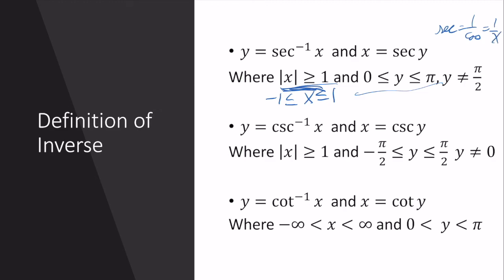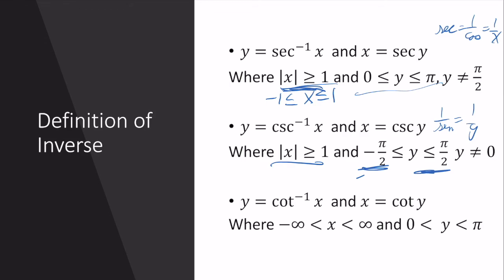Arc cosecant, again, has x values with absolute value at least 1, but it is 1 over sine, so it's going to have the same range as arc sine, from negative pi over 2 to pi over 2.